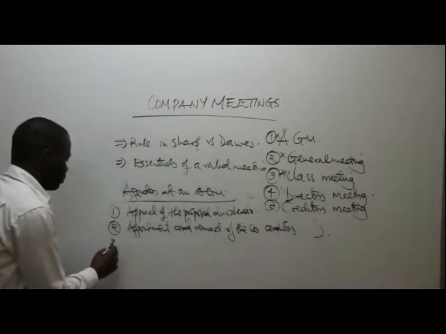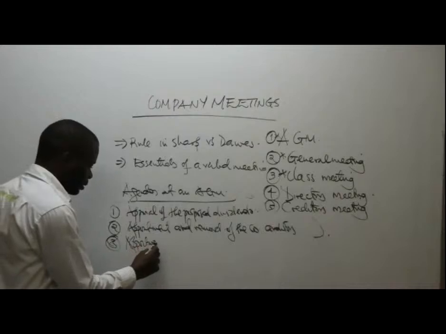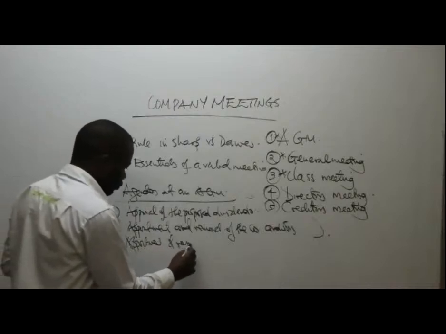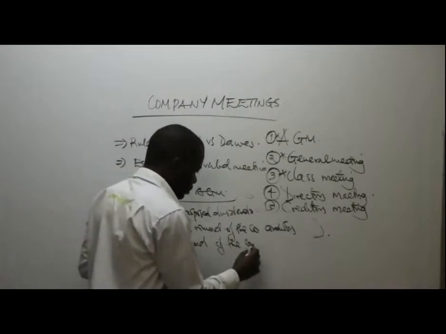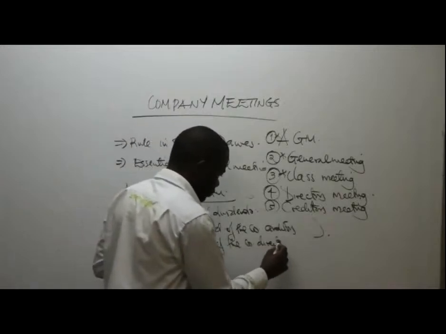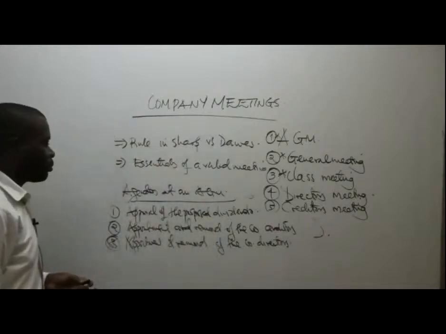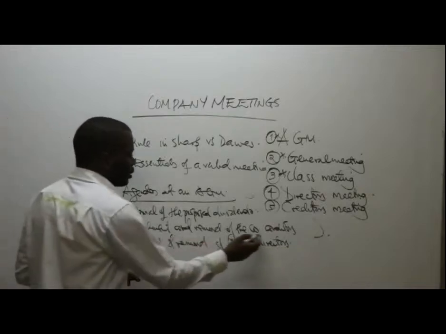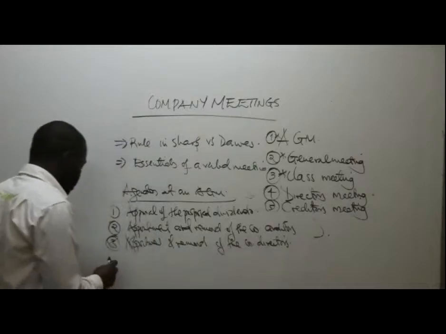Then also there'll be the appointments and removal of the company directors. So we're saying approval of the proposed dividends of the company, appointment and removal of the company auditors, appointment and removal of the company directors.